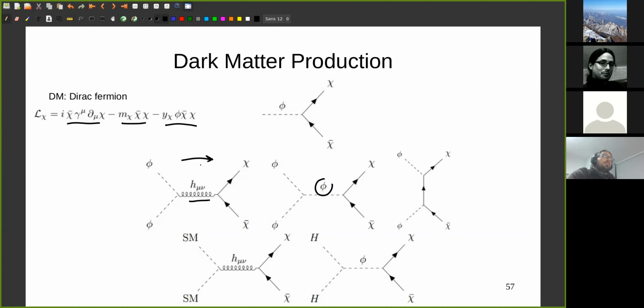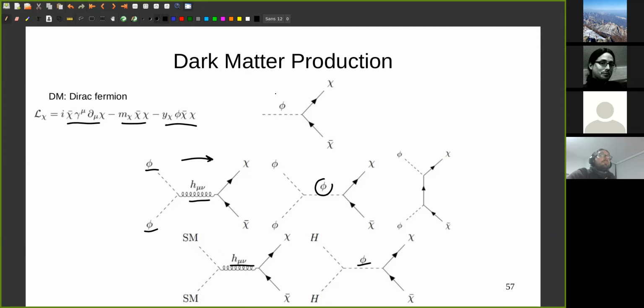So this corresponds to the initial state of two inflatons during reheating. But after that, what you have is standard model particles, and in that case you have the usual UV freeze-in, where you have the annihilation of standard model particles, either mediated by the graviton or mediated by the inflaton if the Higgs is the initial state.